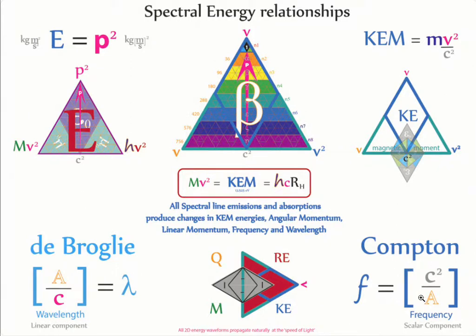We can also solve for the Compton frequency of the chem field by taking c squared and dividing it by the quantized angular momentum, or the number of quanta. Taking the c squared field and dividing it by the quantized angular momentum, or the equilateral geometries, gives us the frequency.